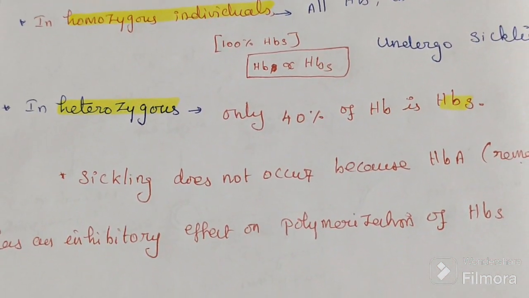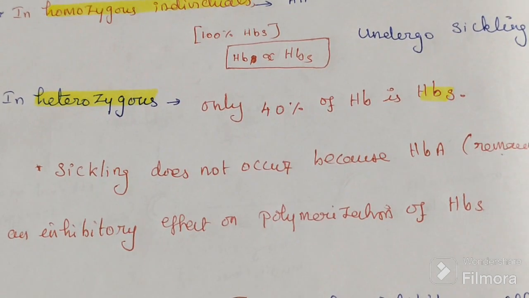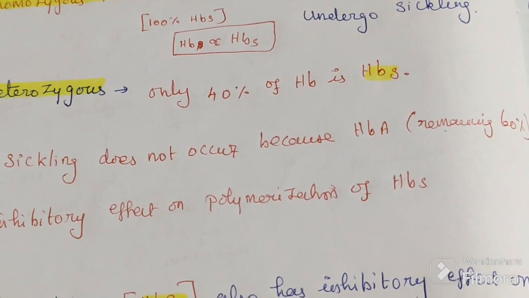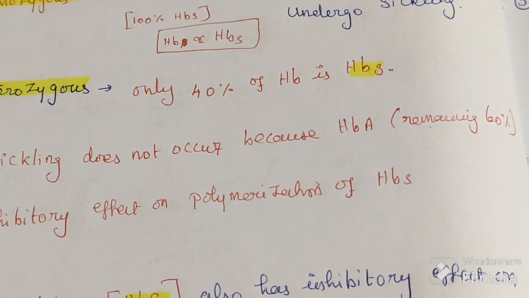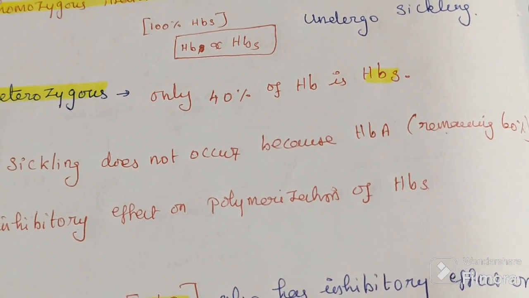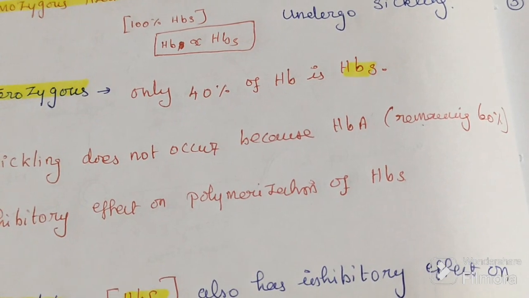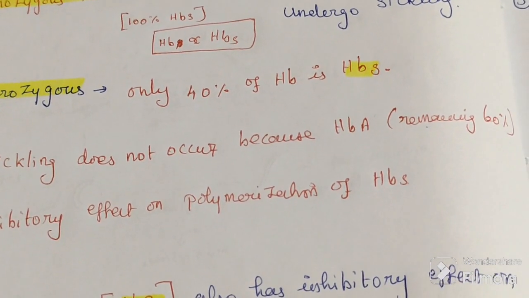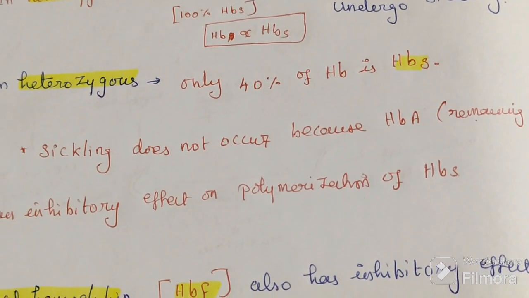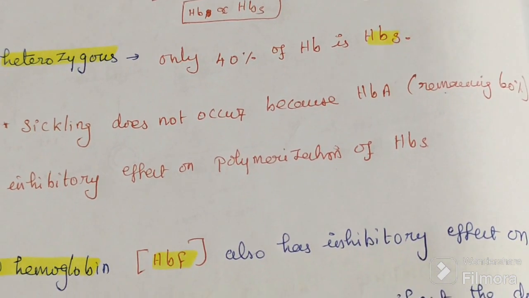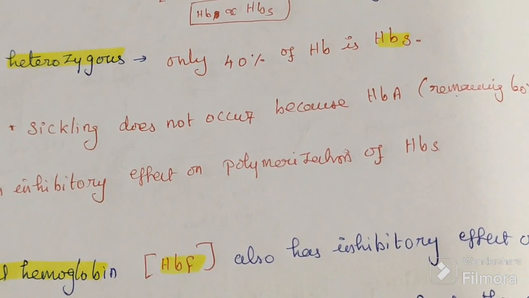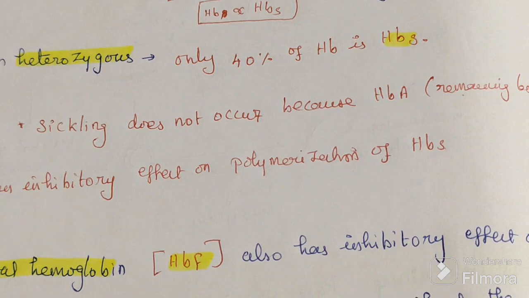Second, the heterozygous condition. Here hemoglobin S is present at only 40 percent, and the remaining 60 percent is HbA. HbA has an inhibitory effect on HbS. So the more HbA, the less the sickling.